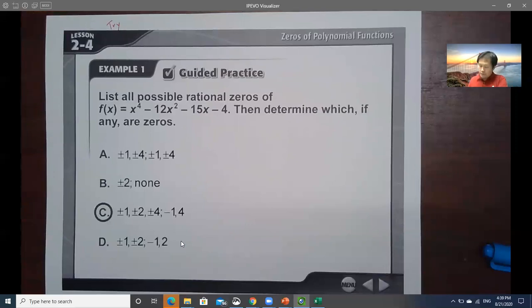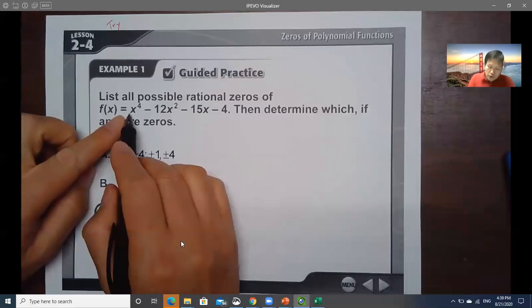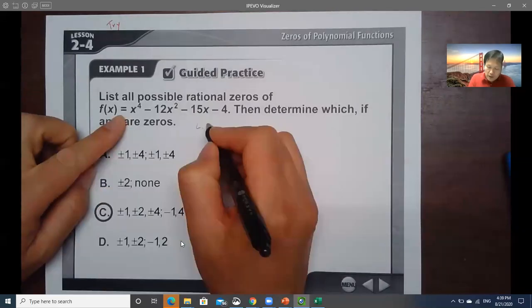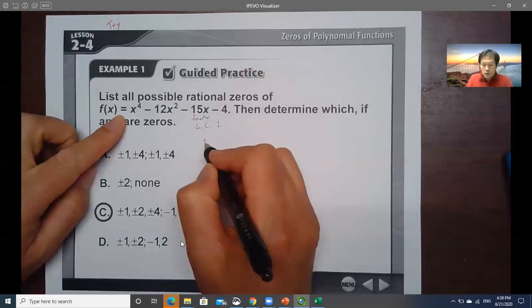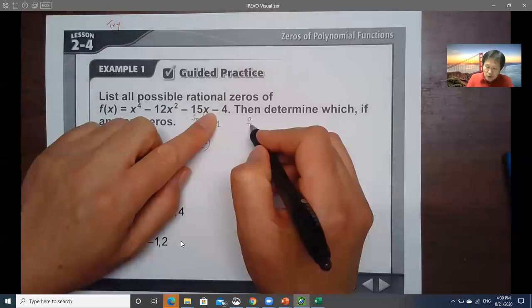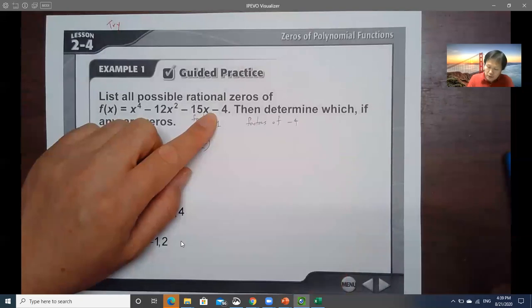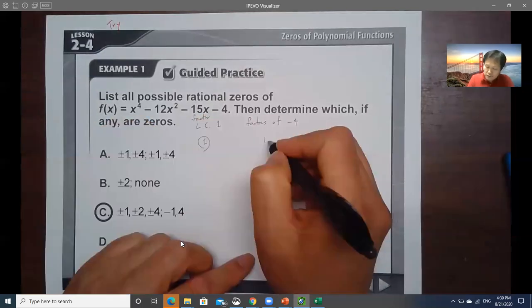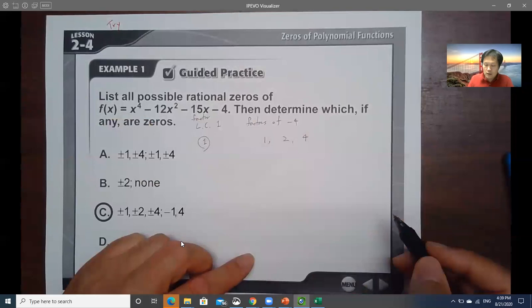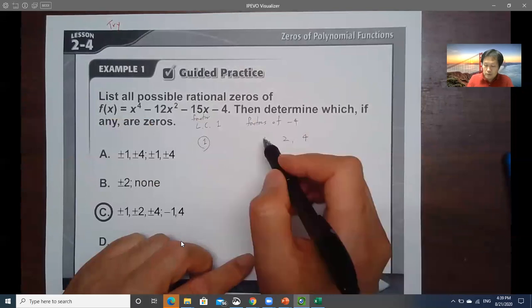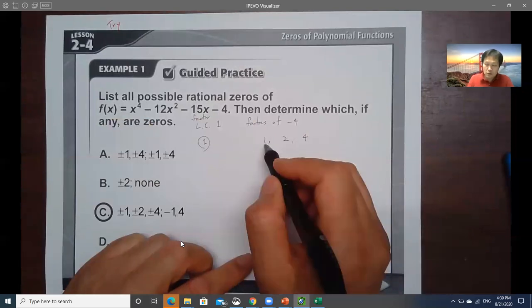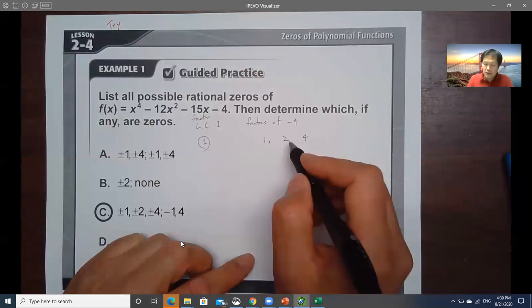Okay, if you have exactly the same question, the thing is the leading coefficient is still 1. Factors of the leading coefficient 1 is still 1. Well, factors of the constant, which is -4, has quite a bit. 1 and 4, 2, and all plus minus.